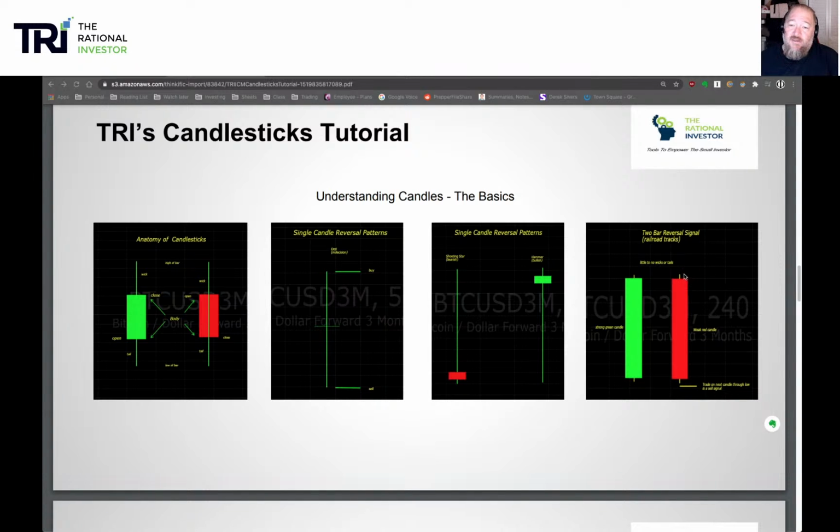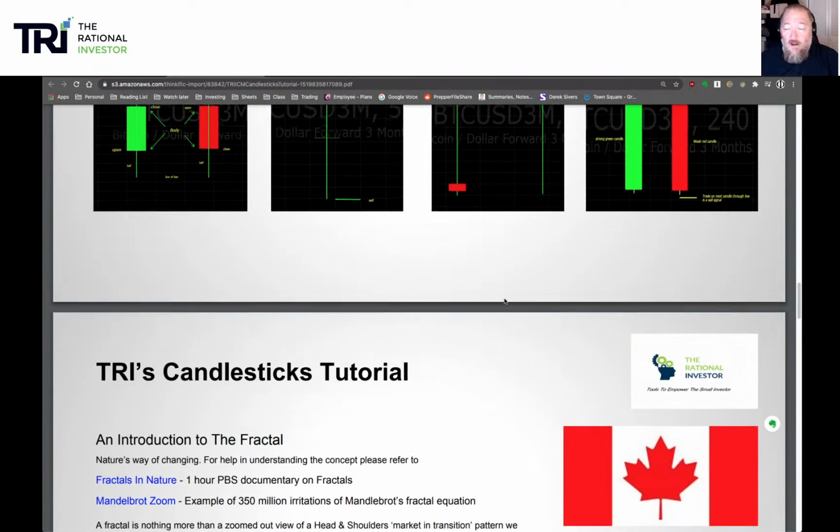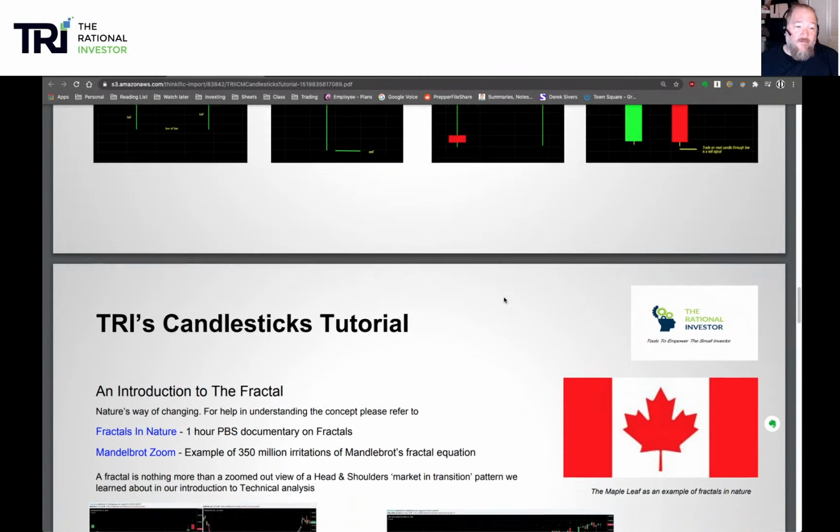What I'd like to see is very little wick or tail, that the wick or tail ends at about the same level, and that the candle body absolutely ends and begins at the same level. Okay, and that is extremely powerful. Very often when we see a railroad track, that signals a reversal. Not always, nothing's always, but very often.